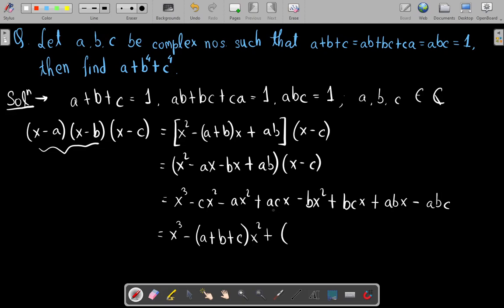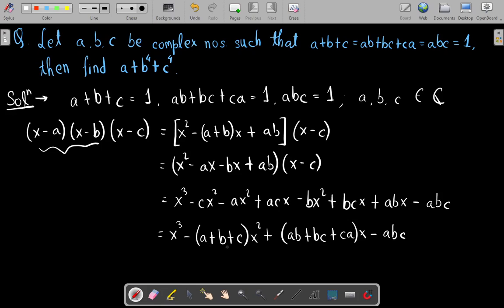We have ac here, plus bc here, and plus ab here. So we have plus (ab plus bc plus ca) times x. Okay, these are coefficients of x, and then the constant term, which is the coefficient of x to the power 0, is minus abc.